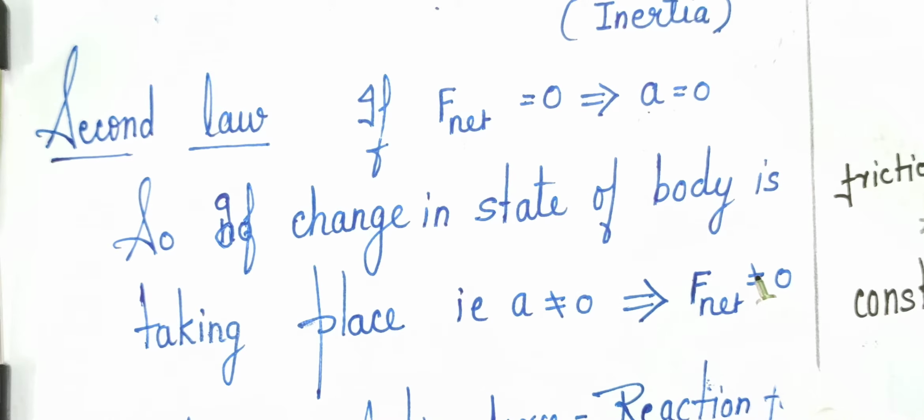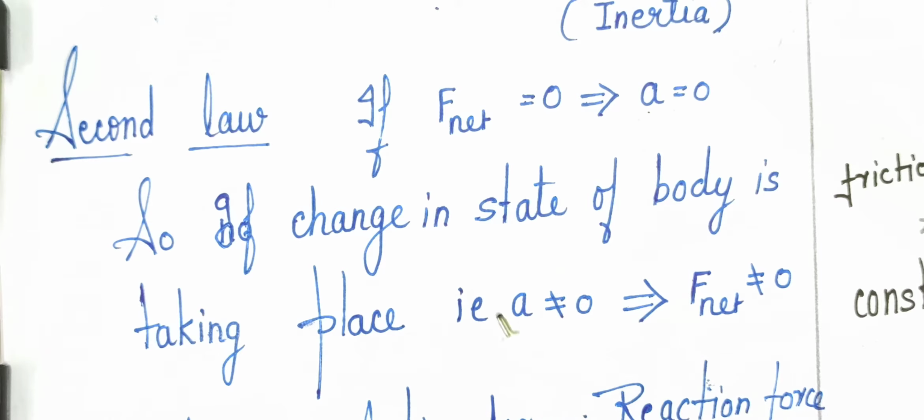No matter the body is moving, but if it is moving with constant velocity, although it is moving, then also constant velocity indicates that the acceleration, or change of state of motion, is 0, and in that case, no matter how many forces are acting on the body, the net force acting on the body will be 0.